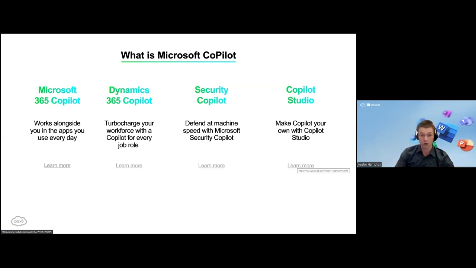And lastly, there's Copilot Studio, which is, think about it as, create your own instance of a Copilot chatbot where you get to determine the data set. Before we move on, I just want to review: Copilot is large language model, AI-based products. The data set that we're interacting with determines the product.